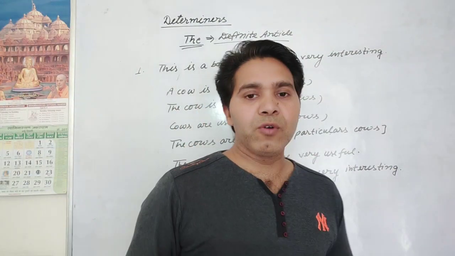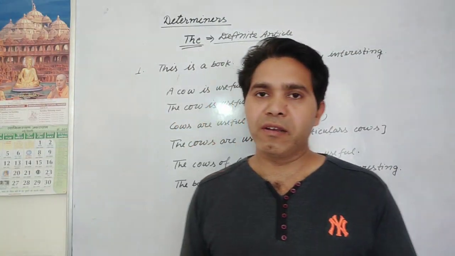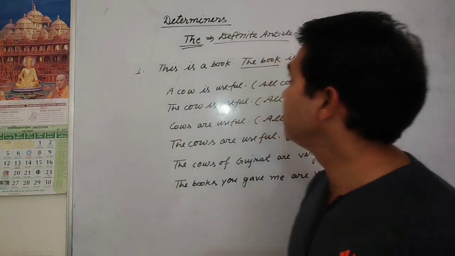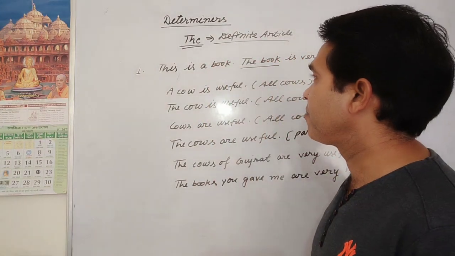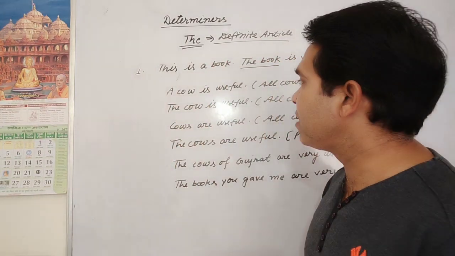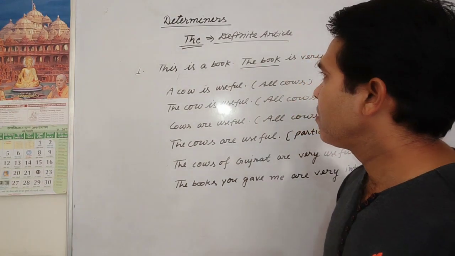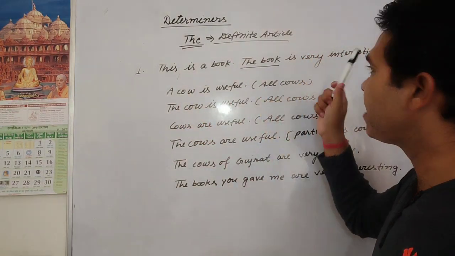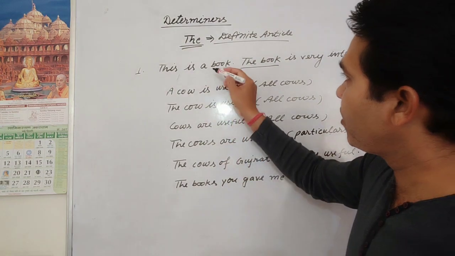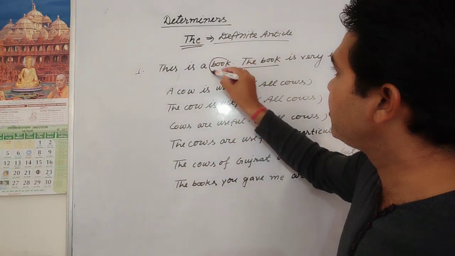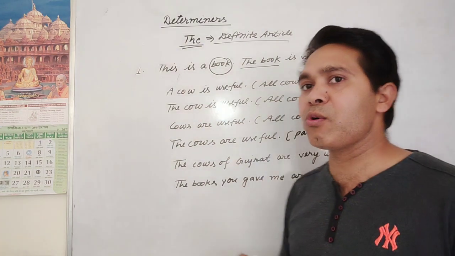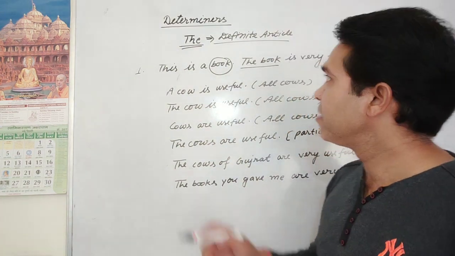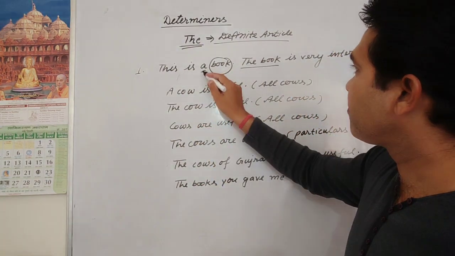Yes, now we will do the definite article. The is a definite article. Now see the examples I have written for you. This is a book. The book is very interesting. If any noun is used for the first time in a sentence or in any paragraph, then we use a.